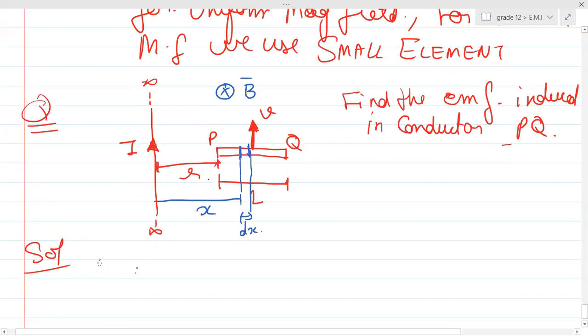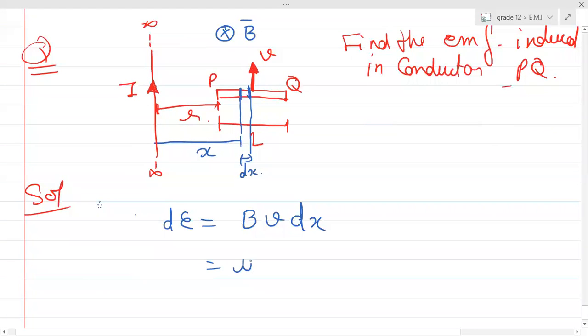Here in this case, if this is the small element and the EMF across it is dE, then dE equals B into V into the length of this element, dx, right? The magnetic field at a distance x will be mu naught by 4 pi into 2I divided by x.